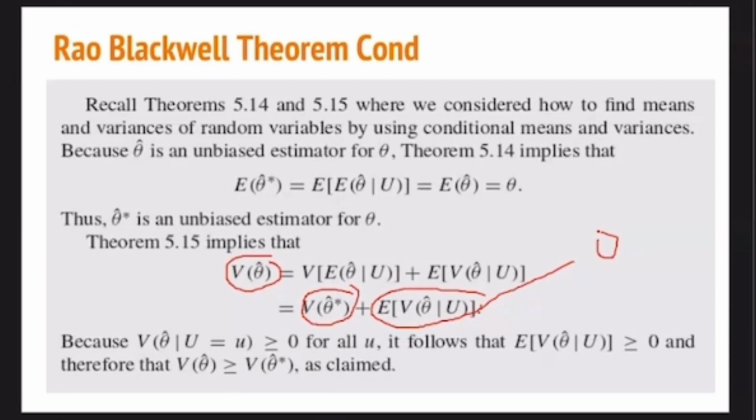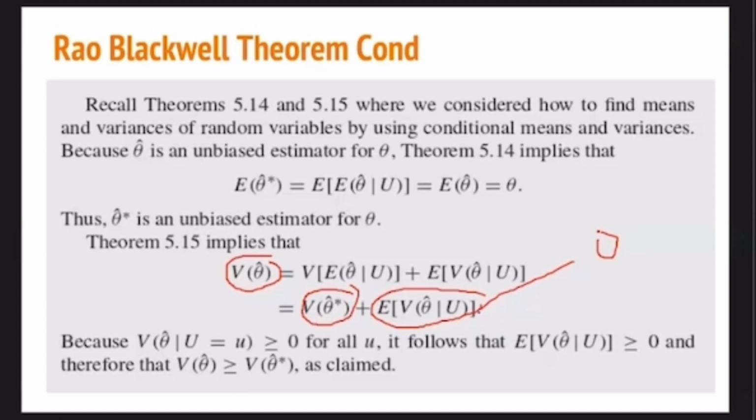And that is what we want: a situation whereby the variance of a function of the sufficient statistic is less than the variance of the estimator. Therefore, by the Rao-Blackwell theorem, we can conclude that your estimator is unbiased and also has minimum variance in the class of unbiased estimators.